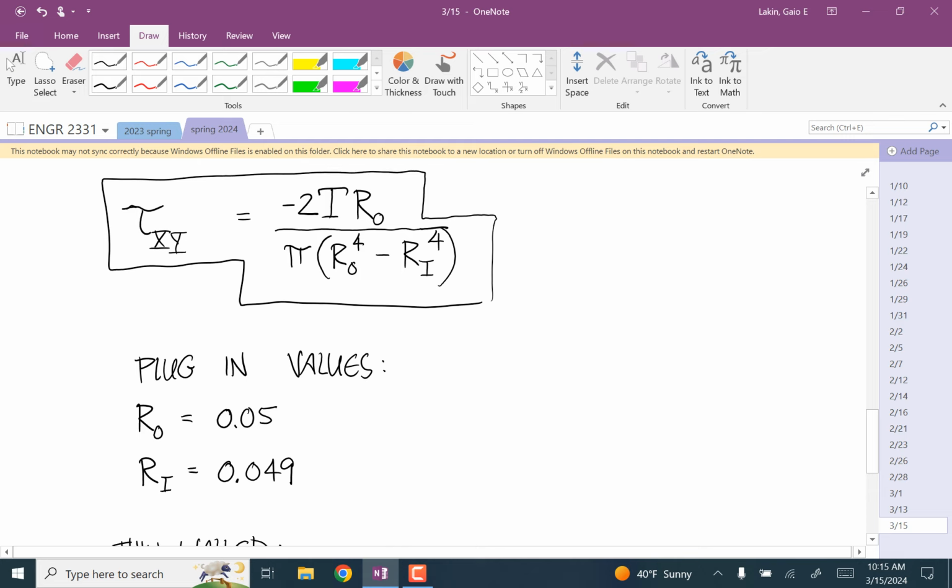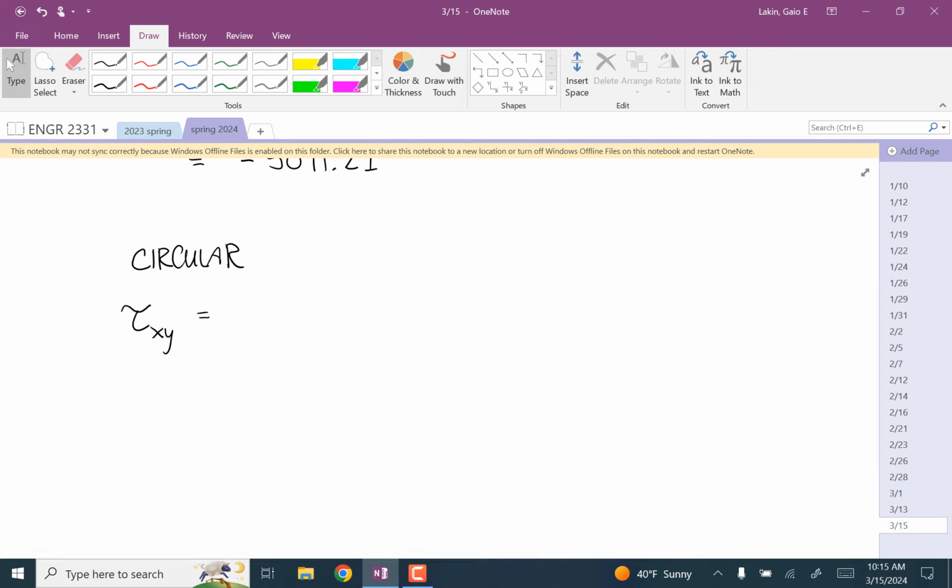Okay, so for the circular one, I got 1.312 times 10 to the 6 times the torque.